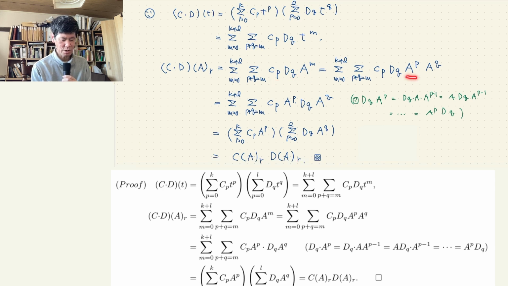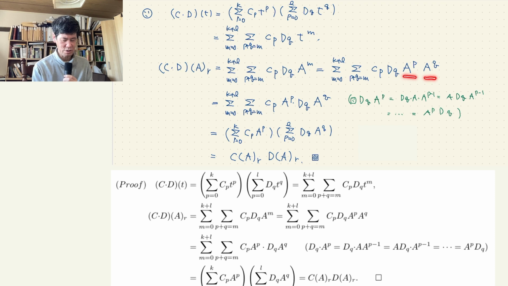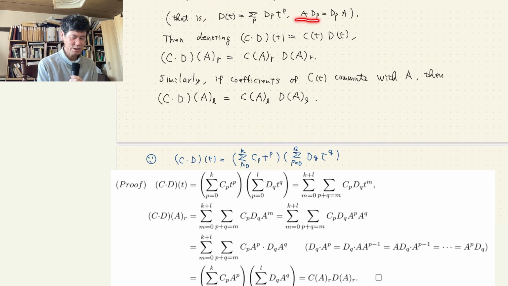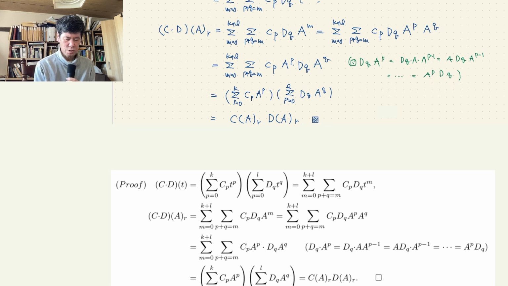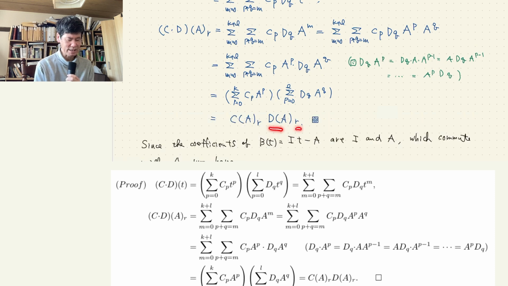A to the m is equal to A to the p times A to the q, and since A D_q is equal to D_q A, we have D_q A to the p is equal to D_q A times A to the p minus 1, and D_q A is equal to A D_q, and so on, equal to A to the p times D_q. So D_q A to the p is equal to A to the p times D_q. So this is equal to C of A right times D of A right.